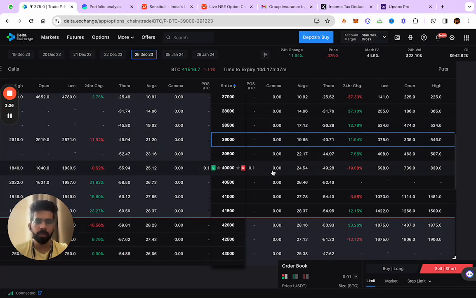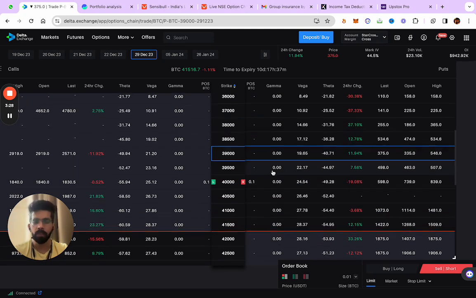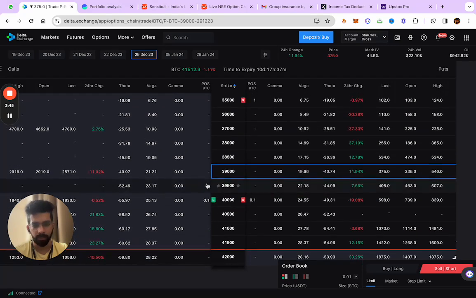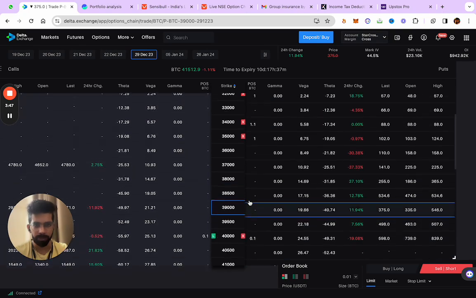Also, the positions which you have taken, the trades which you have taken, will also be shown on the option chain. For example, as you can see, I have bought one call option at the 40,000 strike and sold one put option at the 40,000 strike, and these are my position sizes against it. So I have bought a 0.1 size contract and sold a 0.1 size contract.